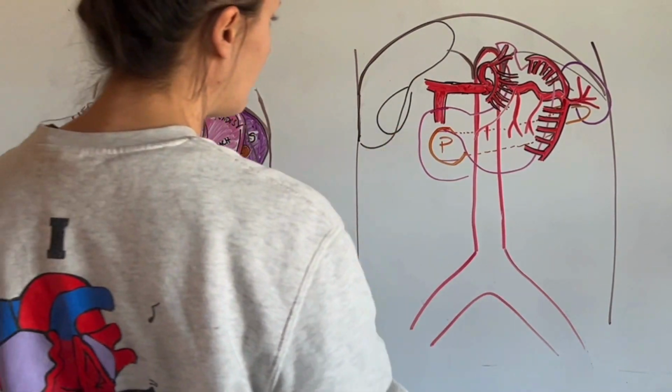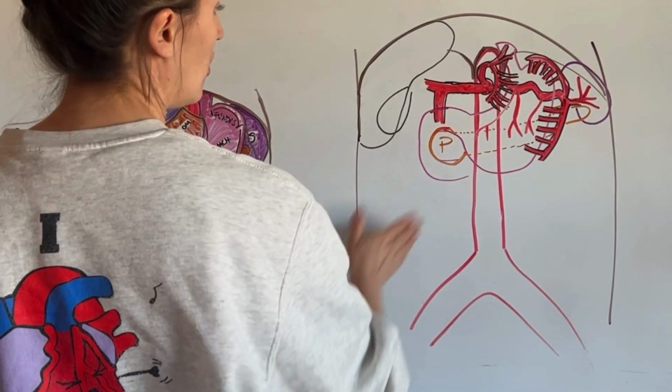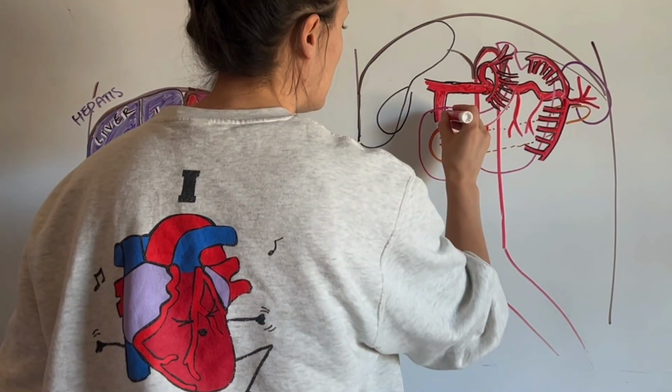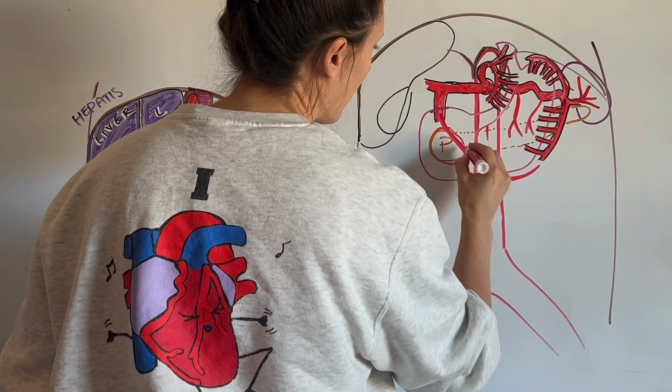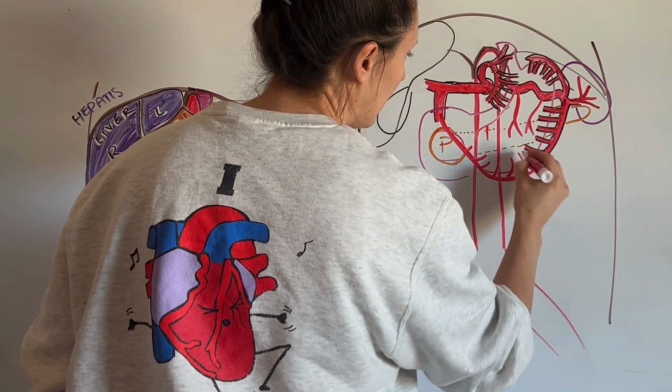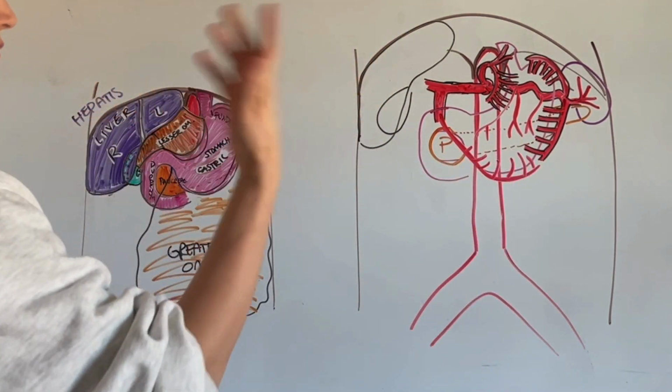But it's going to give off a very important branch to our stomach. That's going to be the gastric branch it gives off. Probably have an idea of what it is already because of where it is.